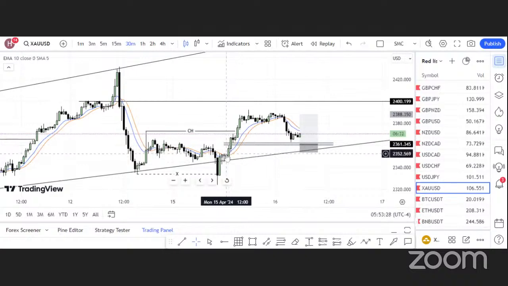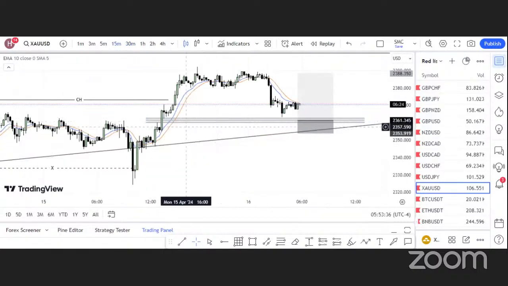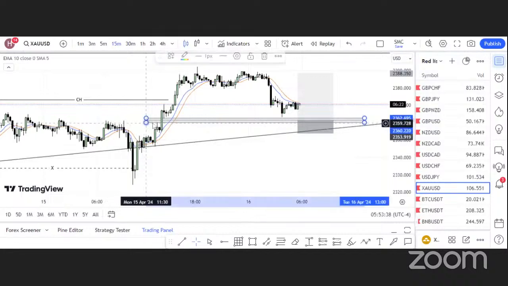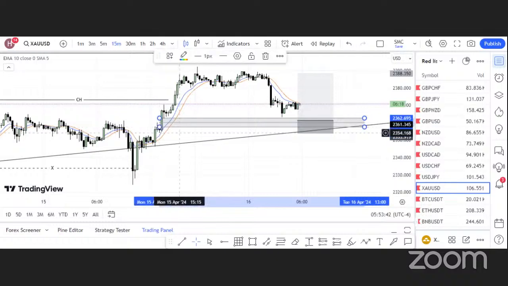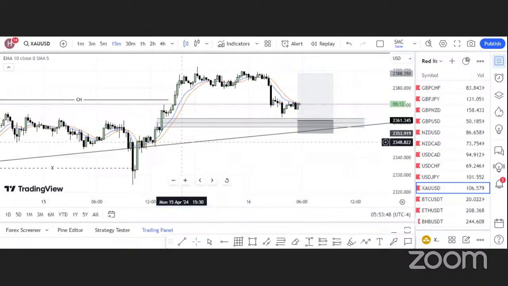So we have a gap here. Okay, let's go to the 15 minutes time frame so we can see the gap better. On the 15 minutes time frame, you can see the gap is widely open.